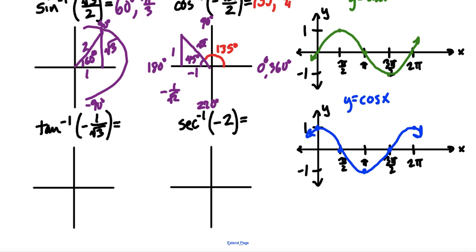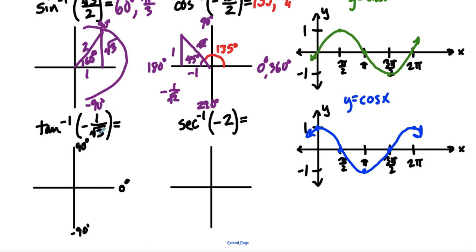Okay, let's do this next one. So let's look at tangent here. So for inverse tangent, I got -1 over square root of 3. All right, and now in order for tangent to be negative, we need an answer from -90 to 90. You know, this is 270, but we could also think of it as -90. We need our answer to be somewhere over here.